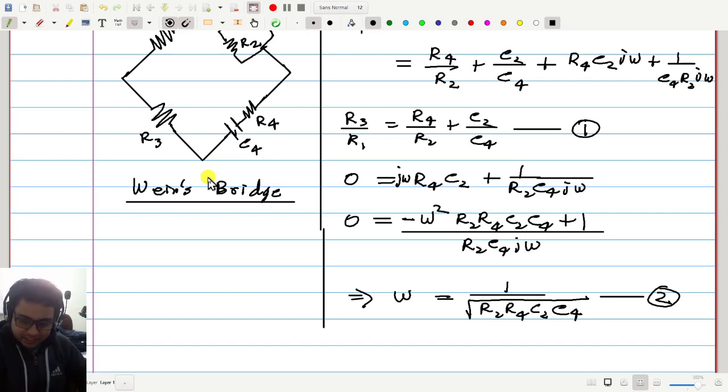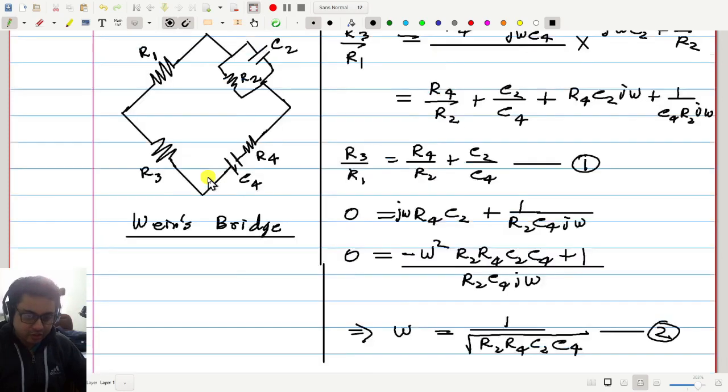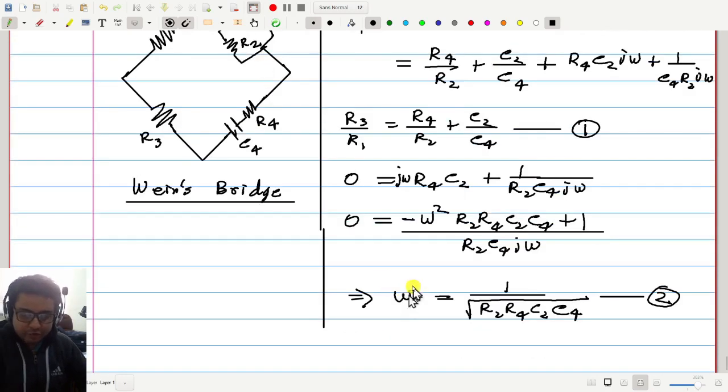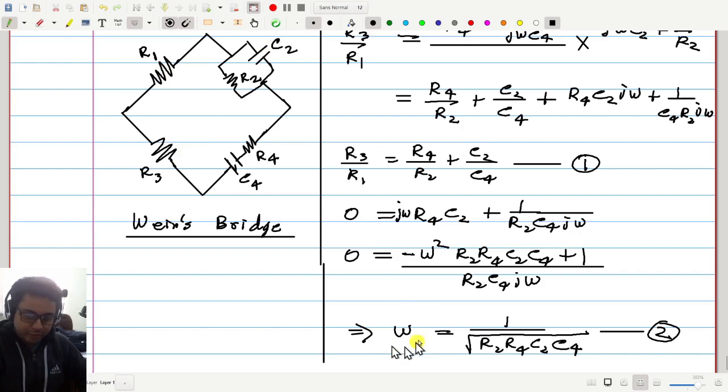This bridge also has a use in laboratory. We do not use this bridge for measuring impedance or capacitance. This bridge is actually used for measuring frequency omega. If all your impedances are known, you can measure the value of omega.